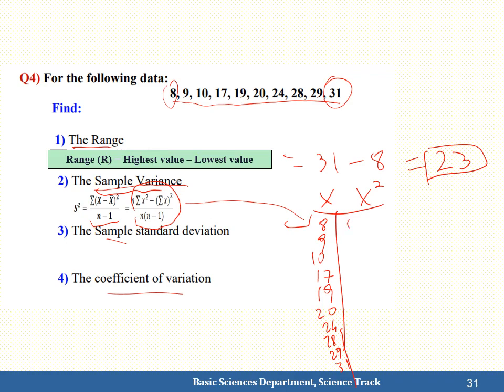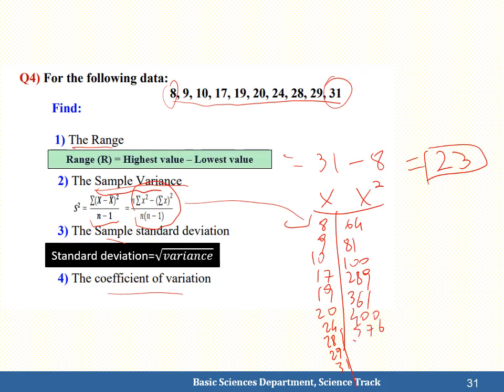And we take the squares: 64, 81, 100, 289, 361, 400, 576, 784, 841, and 961.